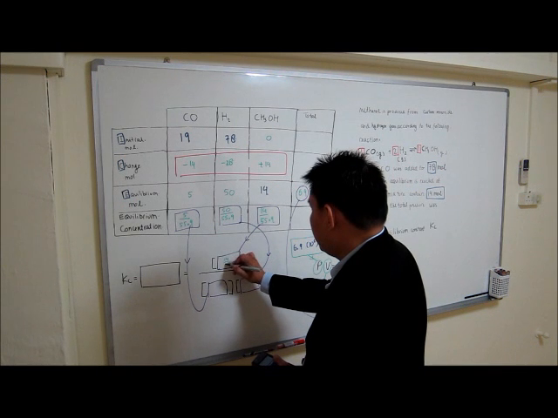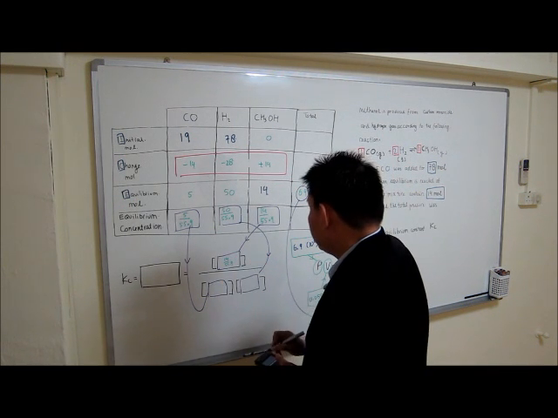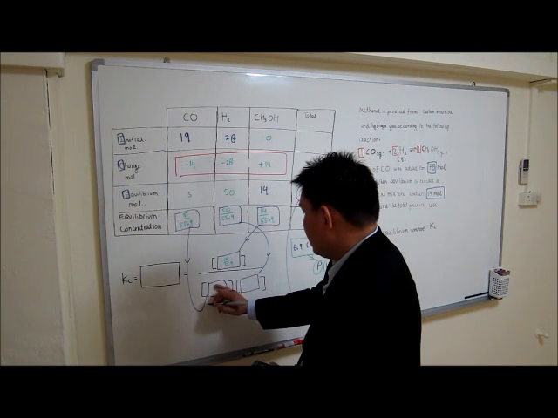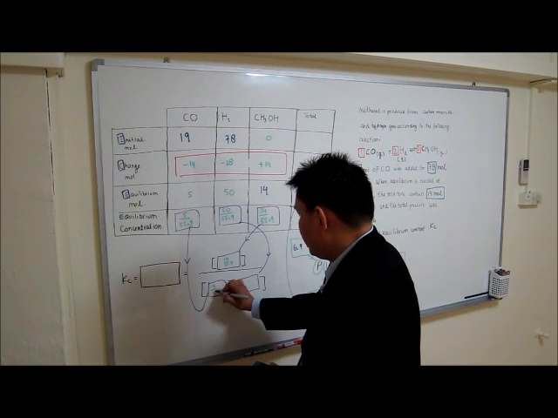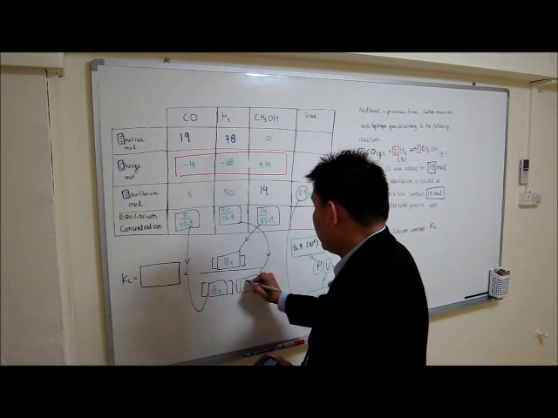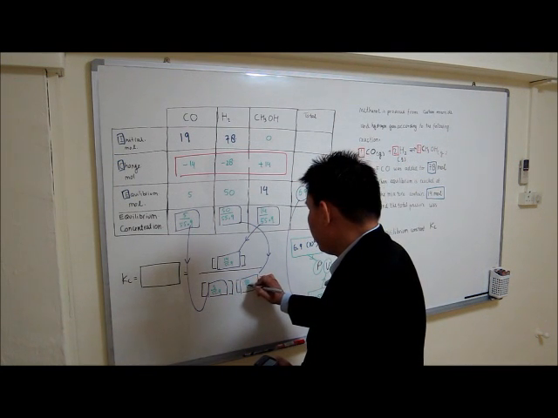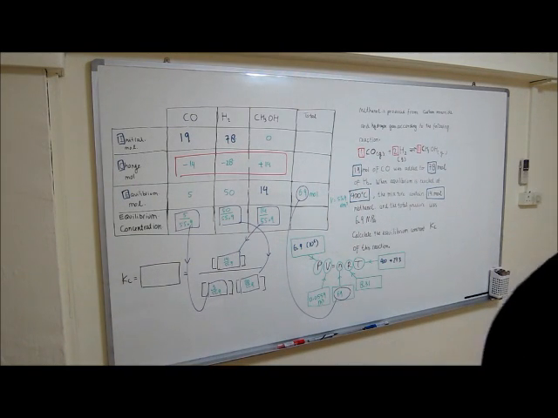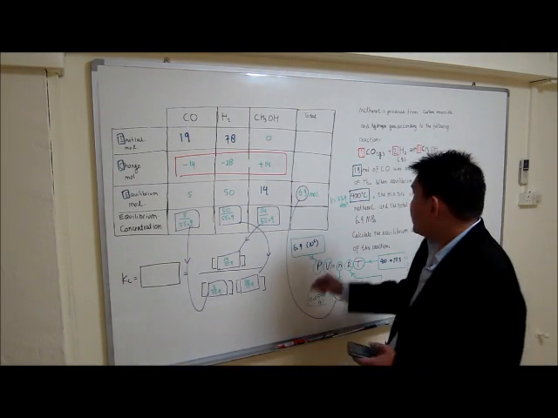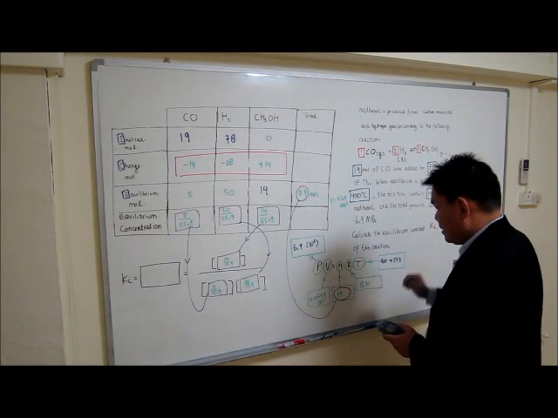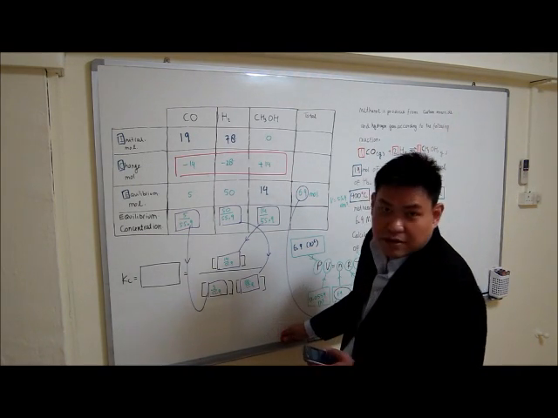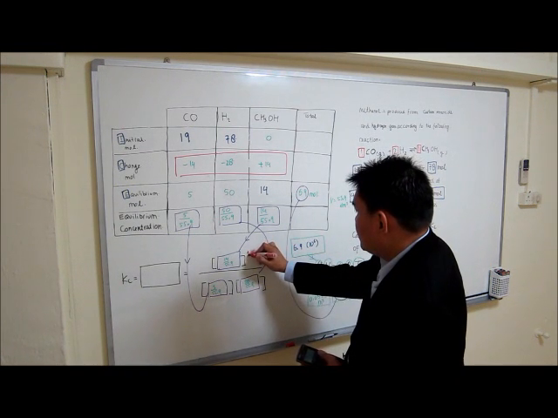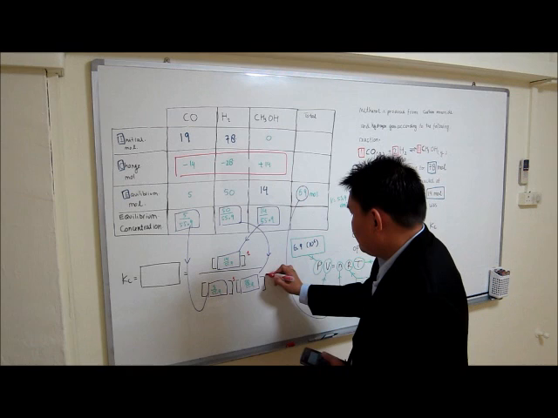So 14 over 55.9, 5 over 55.9 and 50 over 55.9. Don't forget to put in the power. A lot of students make the mistake of not putting the power here. This is power 1, and power 2.